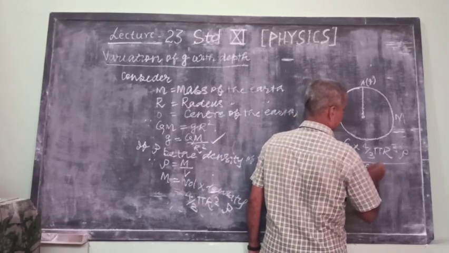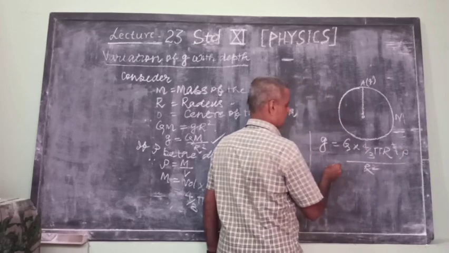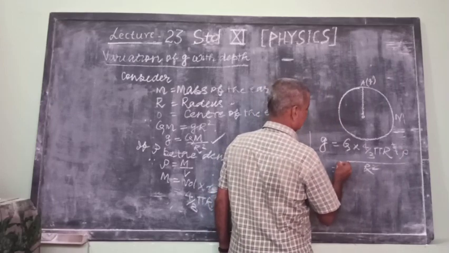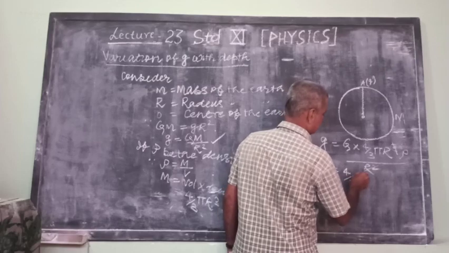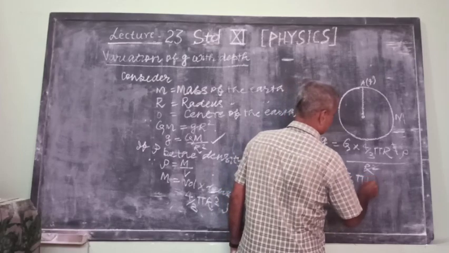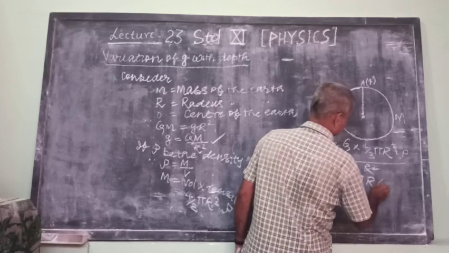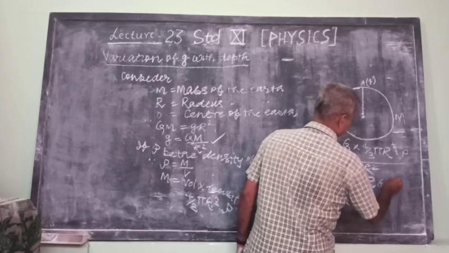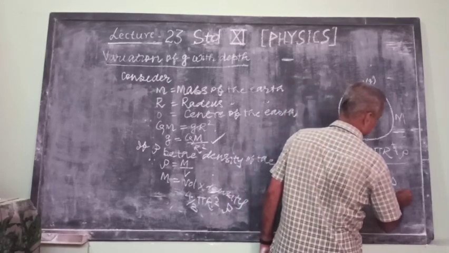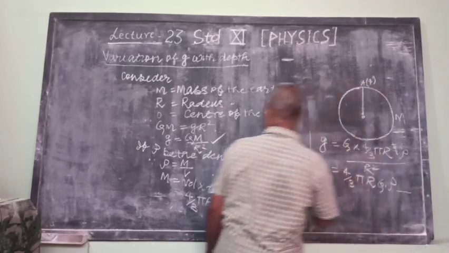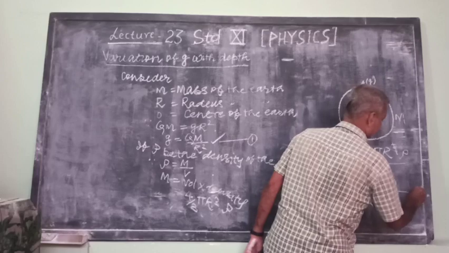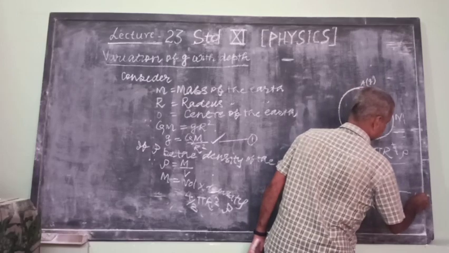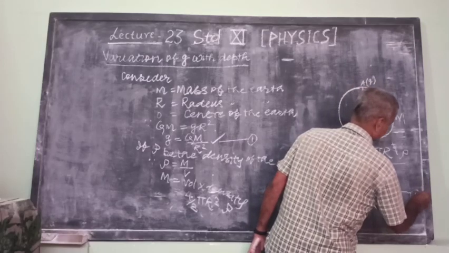So this R square and R cube will cancel. Finally it will be 4 by 3 pi R G into rho. Suppose this is your equation number 1, so we can write this equation as 1a.